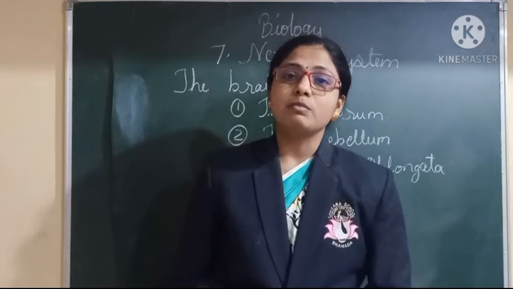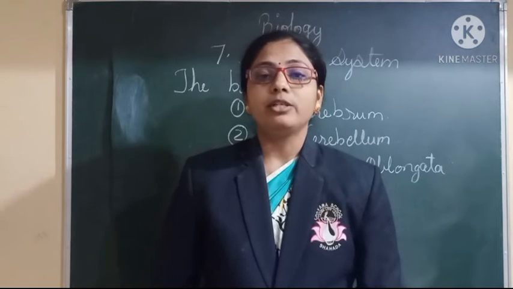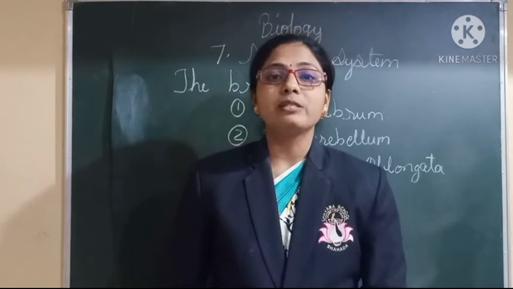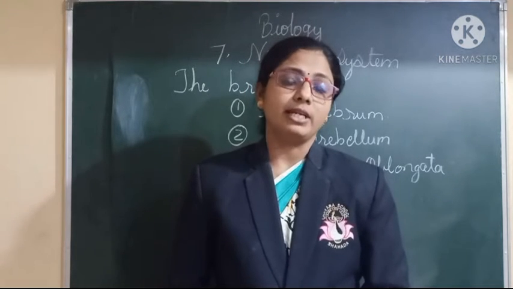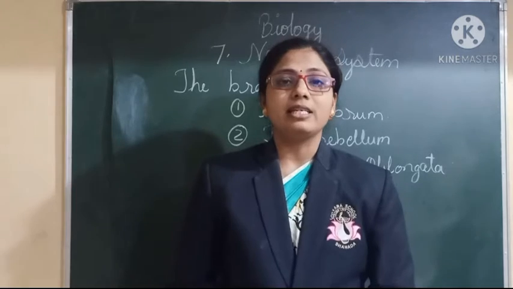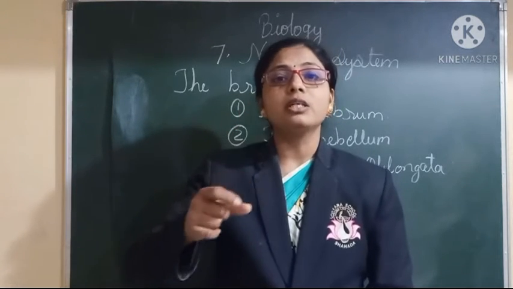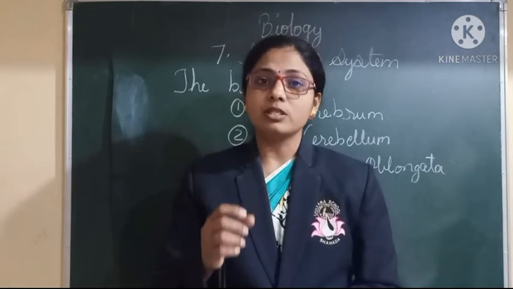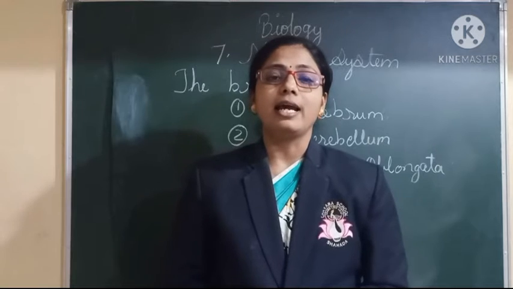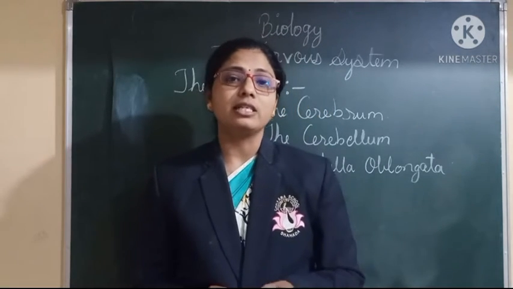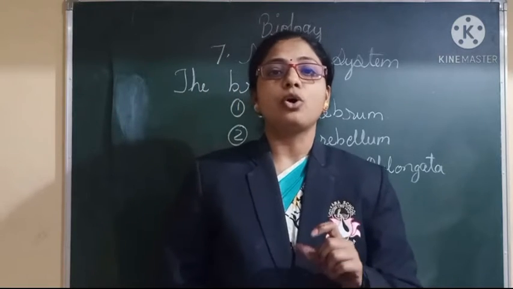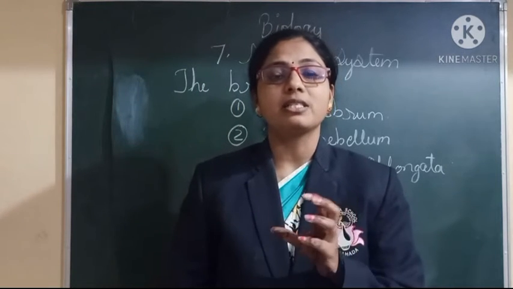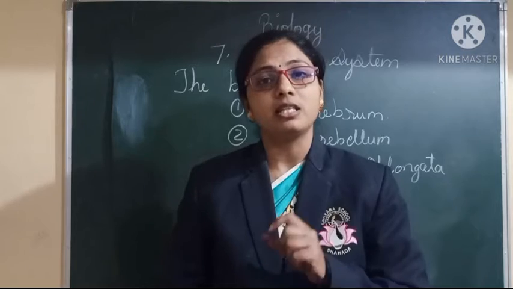Now next is medulla oblongata. Medulla oblongata is the lowest part of the brain. It is situated in the lowest part of the brain, and mainly it extends up to the spinal cord. And second thing, its main function is to control the activities of the organs present in the body.